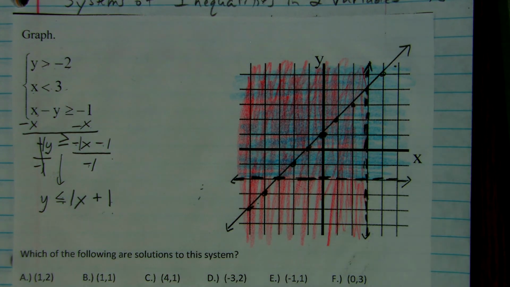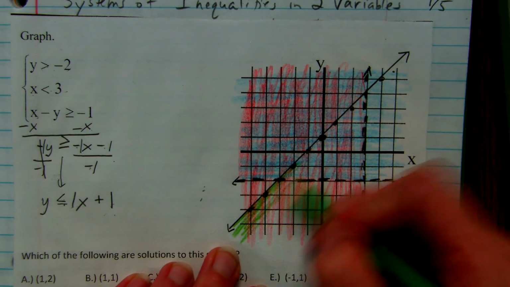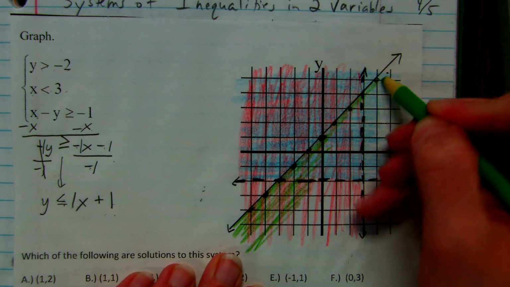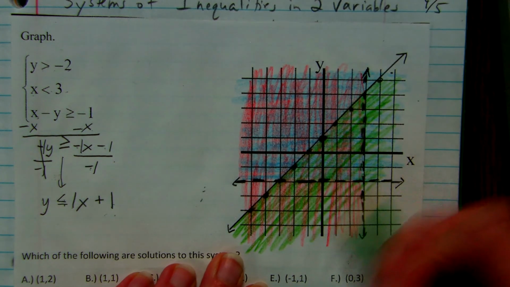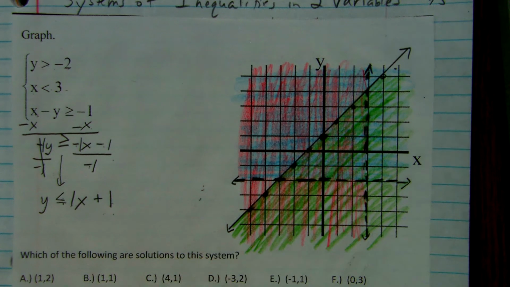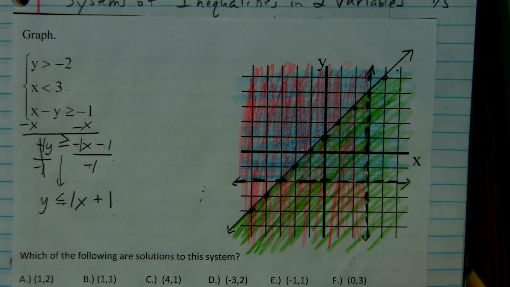I'm going to use green. And so we're going to shade below the line because that's where the y values live that are smaller than what's on the line, because y values go up and down.